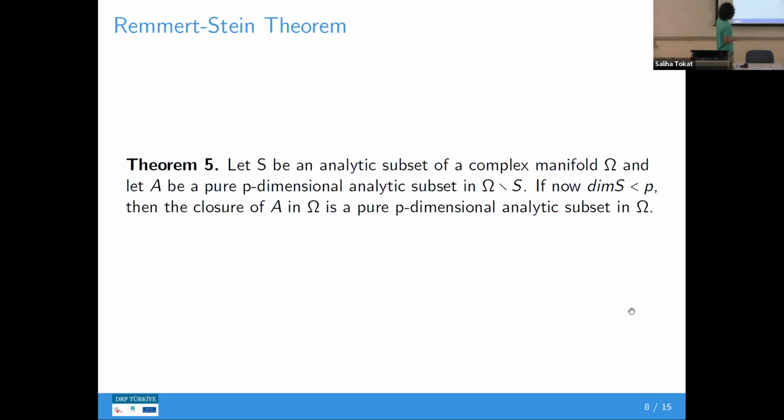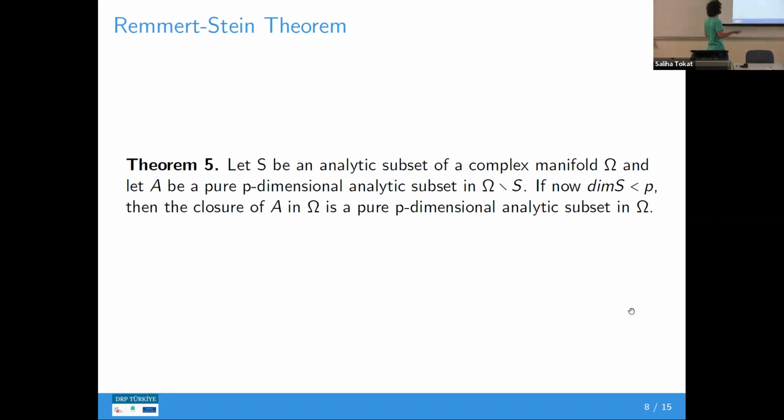Okay, let's continue. There's another beautiful result, which is called the Riemann-Stein theorem. So we are taking a pure p-dimensional analytic subset A in omega minus S. S is an analytic subset of this complex manifold. And we want to extend the analyticity of A to all of omega.